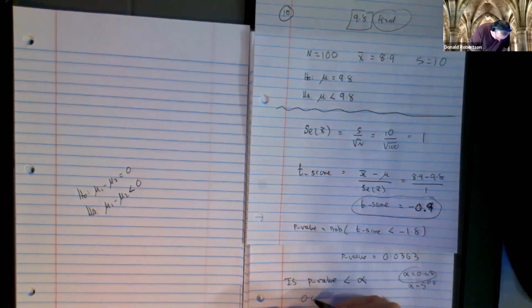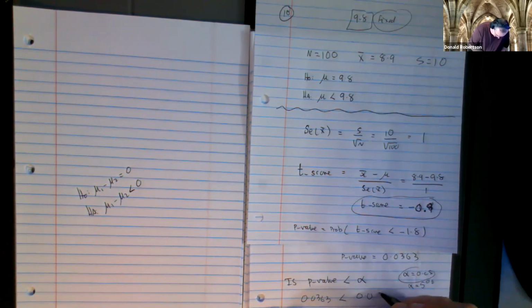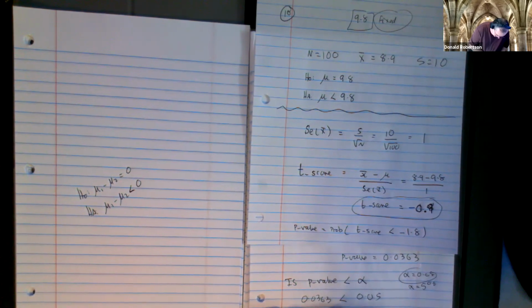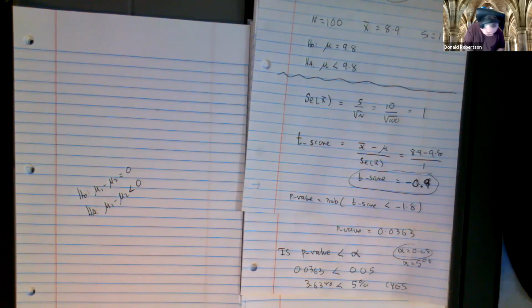So the p-value, which is this, as a decimal, it's that. I like percentages. And the answer is yes. It is less, right? 3.63 is less. So you would be saying, what was the sentencing choices?